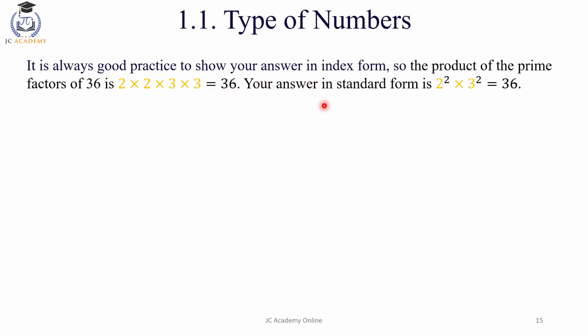The answer in index form, not standard form, is 2 to the power of 2 times 3 to the power of 2, because we have two lots of 2 and two lots of 3. We can write that in compact form, or index form, as 2 to the power of 2 times 3 to the power of 2. It looks much neater and it also produces the same answer.